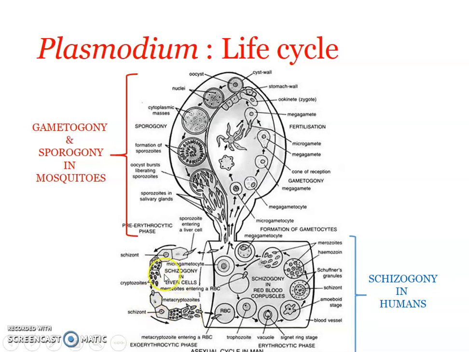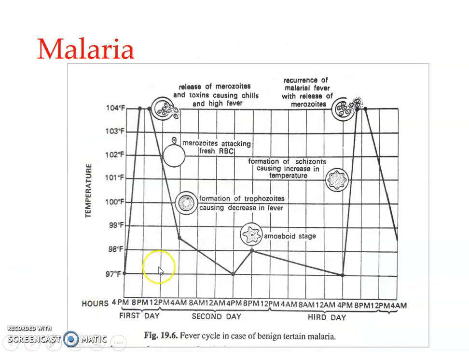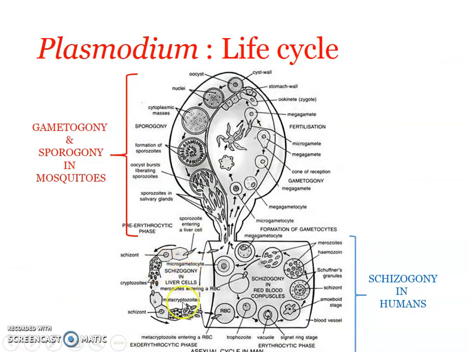So that means the immune cells cannot actually break down these cryptozoites, or cannot bring down the number. And the parasites are not susceptible to the action of any kind of anti-malarial drug as well. So at this particular phase, the plasmodium is actually not susceptible to any kind of resistance.